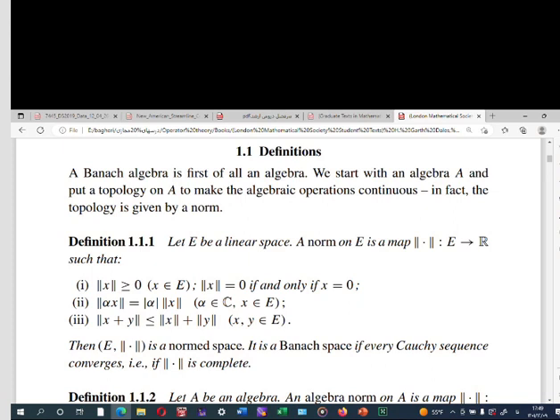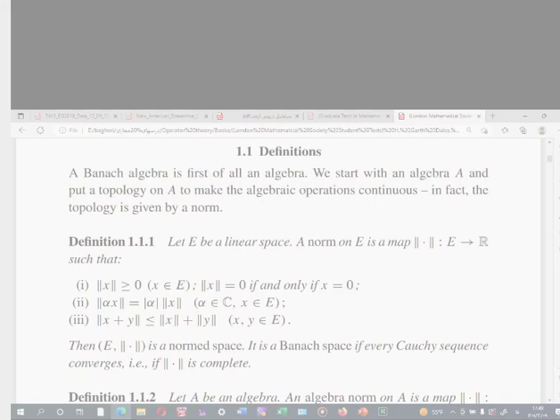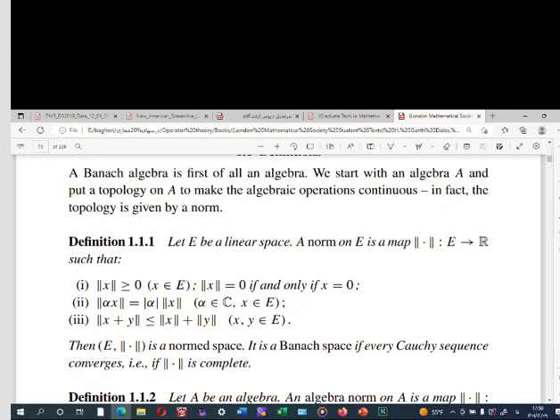The norm of alpha x equals the absolute value of alpha multiplied by the norm of x for any scalar, real or complex. The norm of x plus y is less than or equal to the norm of x plus the norm of y for any x and y in E. If we have these three conditions, this is a norm on E.